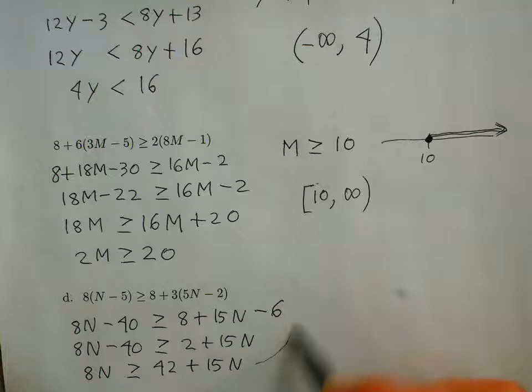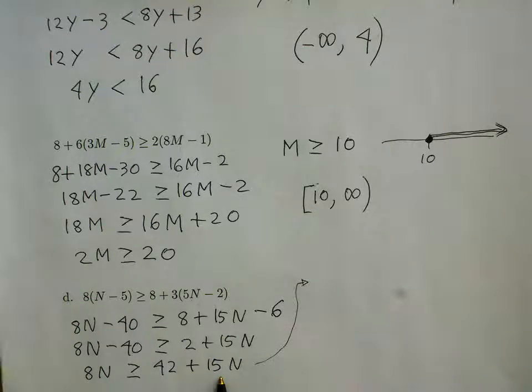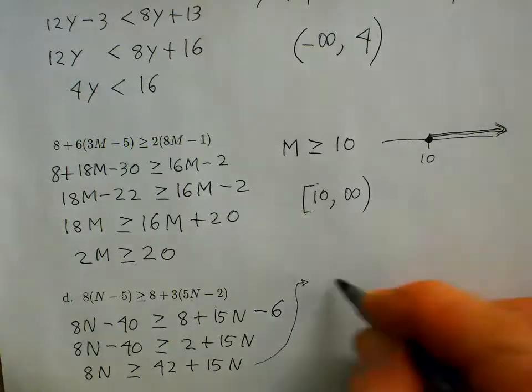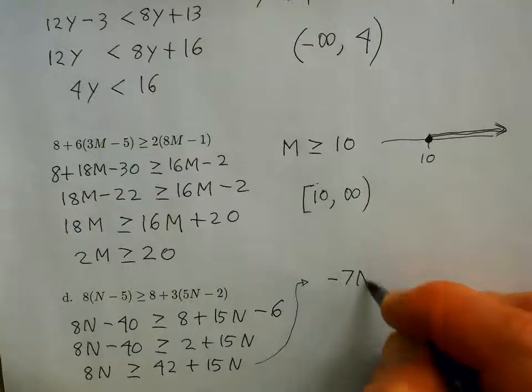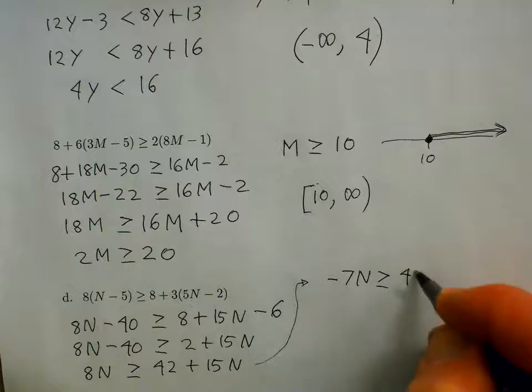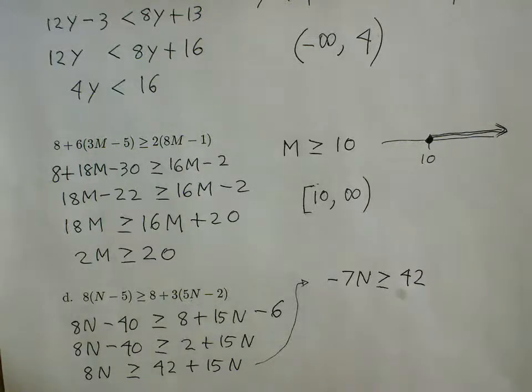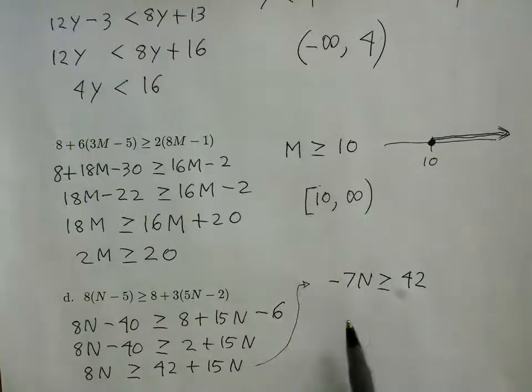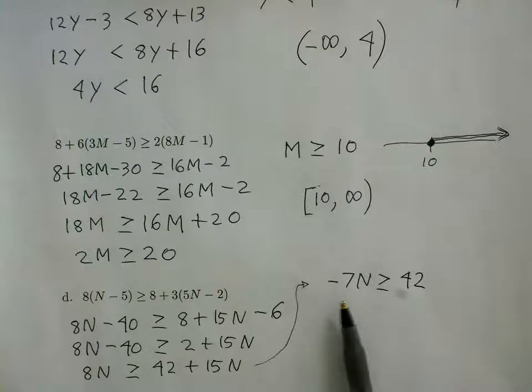And I'll continue this up here. Now I'm going to subtract 15n from both sides. So 8n minus 15n is negative 7n. And this is greater than or equal to 42. I could have avoided the negative 7 coefficient of n if I wanted to.